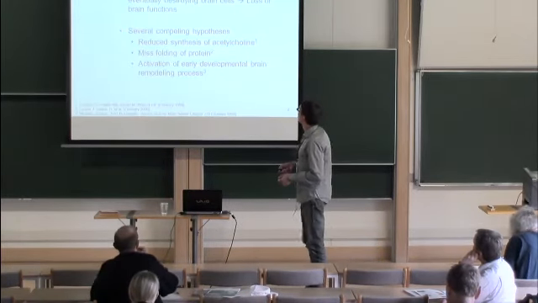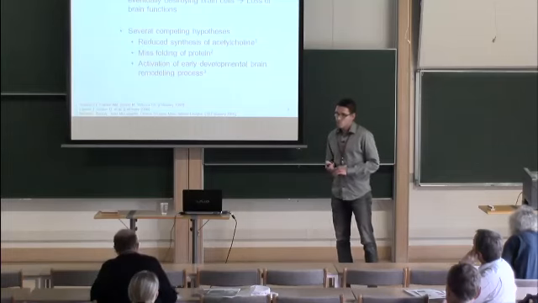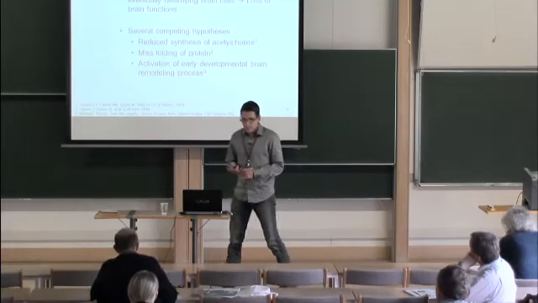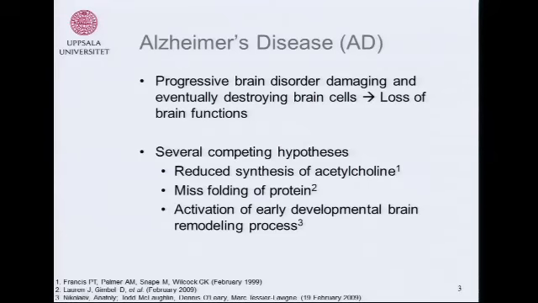So Alzheimer is a progressive brain disorder, and it destroys brain cells, which leads ultimately to a loss of brain function. There are several hypotheses what actually causes Alzheimer. One claims that the reduced synthesis of acetylcholine leads to Alzheimer.